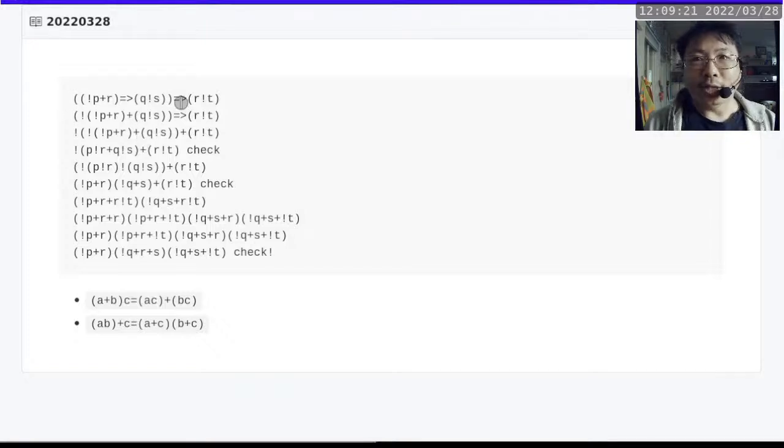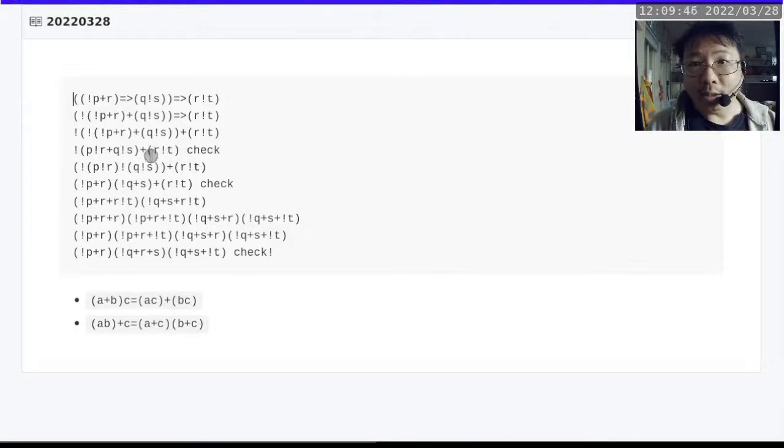All right, first line to the second line, that's just the definition of implication. And then from the second line to the third line, it is also the definition of implication. The third line to the fourth line is De Morgan's law. There we go. So this is De Morgan's law and simplification applied at the same time.